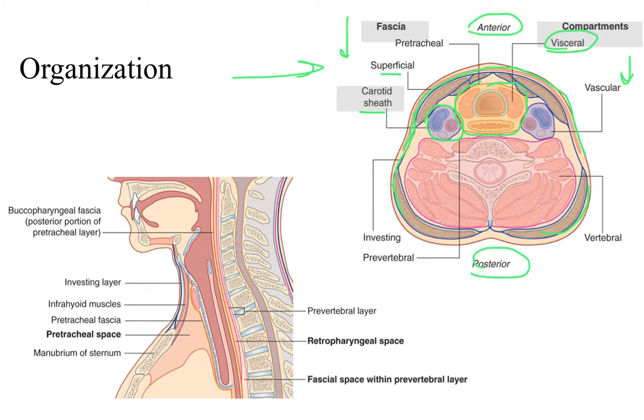And then we have prevertebral fascia, which is going to surround all of the vertebrae, the spinal cord, as well as the muscles that are surrounding the vertebrae also. So the carotid sheath and the vein, artery, and nerve that are in there form the vascular compartment. Compare that to the visceral compartment.